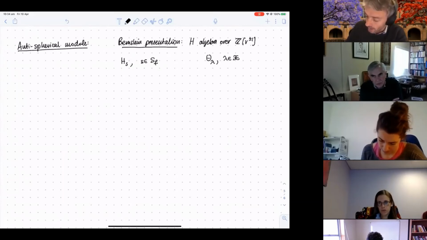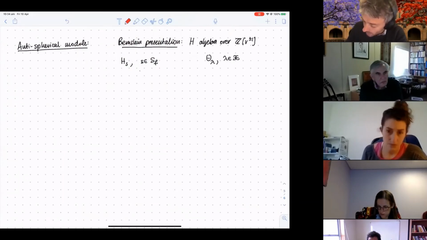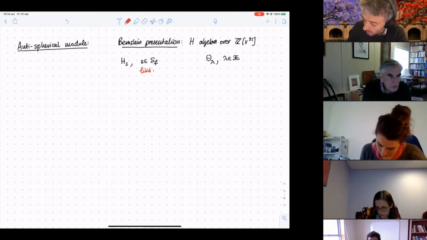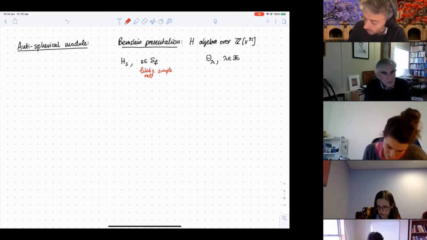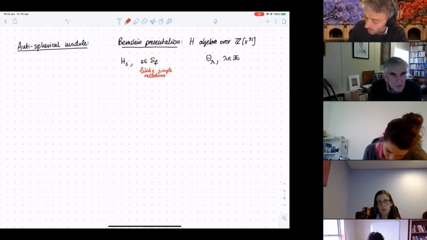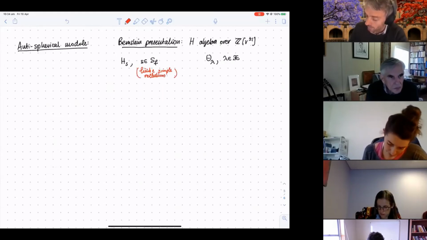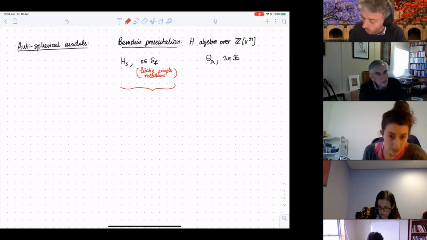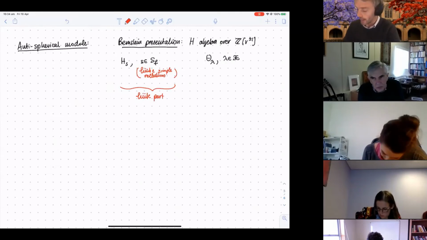And I want to remind you, as per Lin-Wan's comment, that these are the finite simple reflections. And so this we call the finite part. And this we call the lattice part.